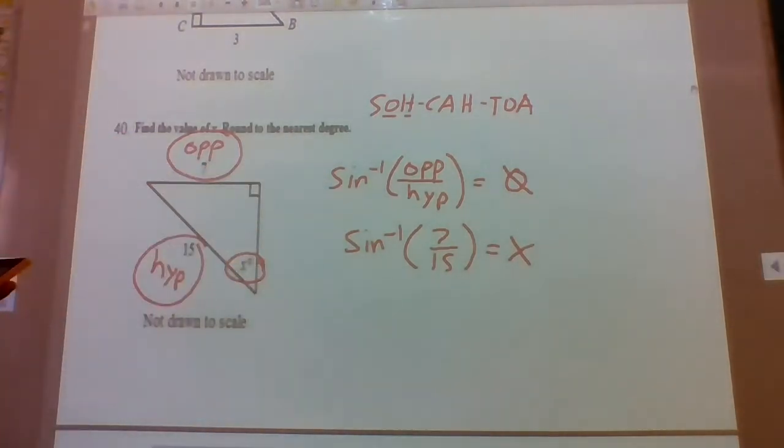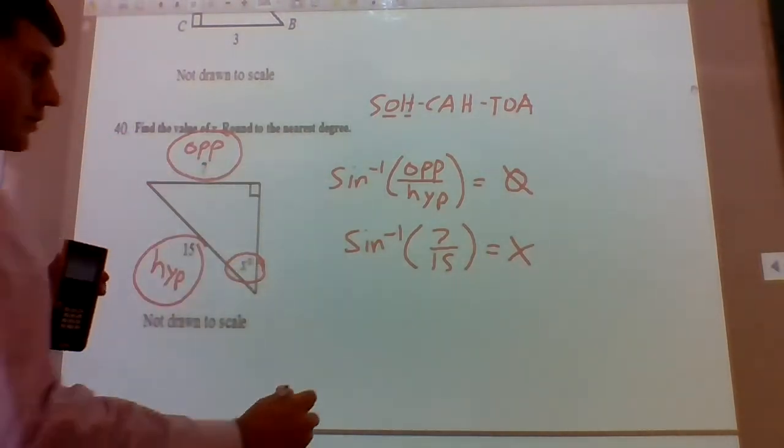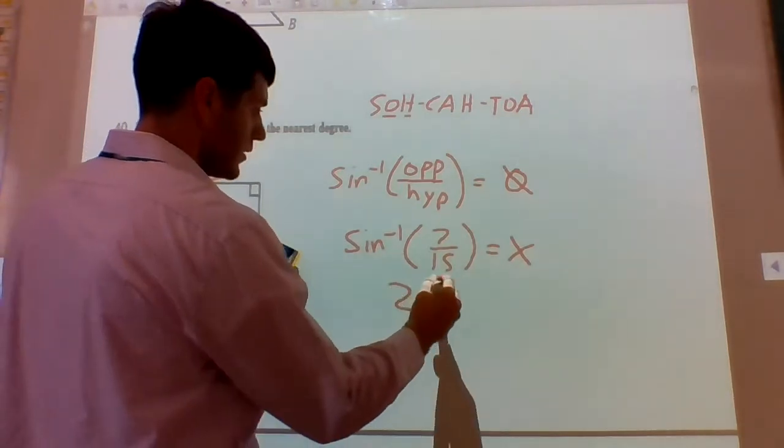So 27.8181 is going to round to 28 degrees. The 0.8 is going to round us up to 28 degrees.